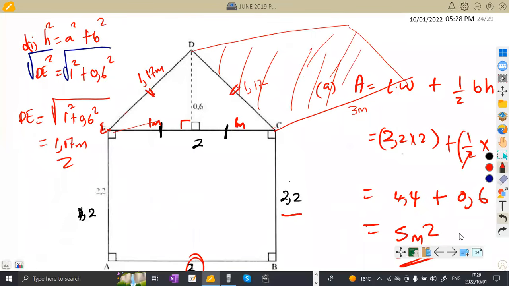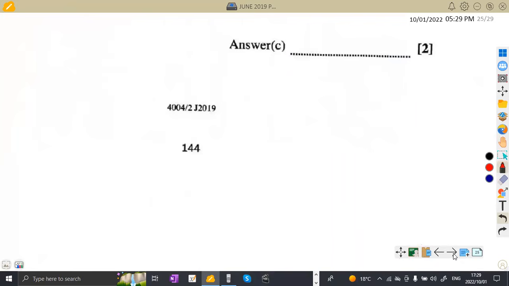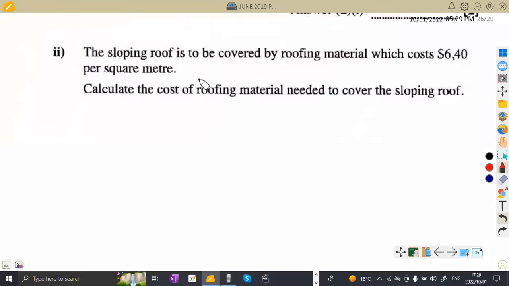So I want us to correct from our last question. I think we did this, but we forgot to multiply by 2, guys, because the sloping part has these 2 rectangles. So we are going to have the 1.17 that we obtained as our sloping length, times the length from one roof to another, which is 3.